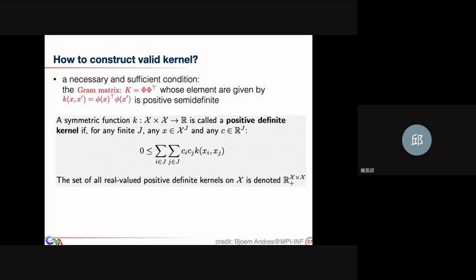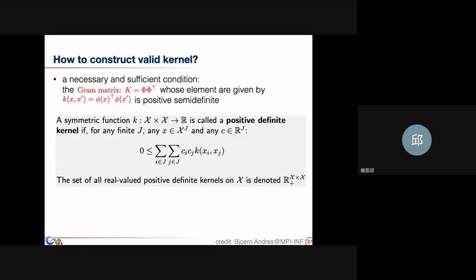Okay, so you might ask how to construct a valid kernel. Again, we need to know the definition of the kernel. The kernel is actually related to the inner product between two feature vectors.